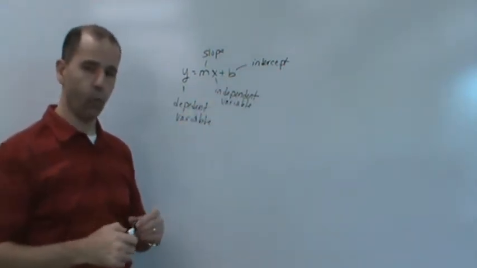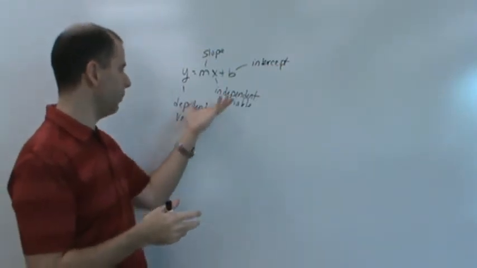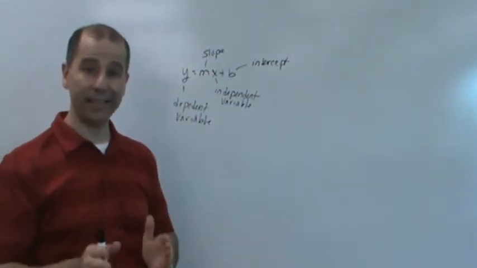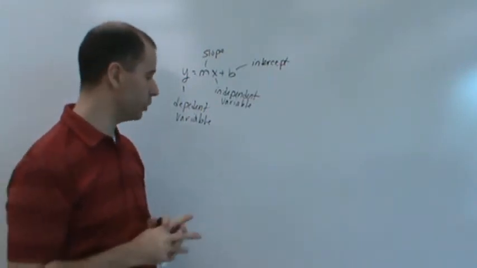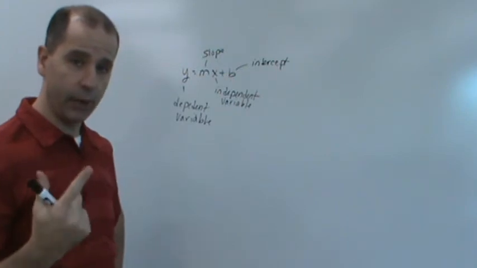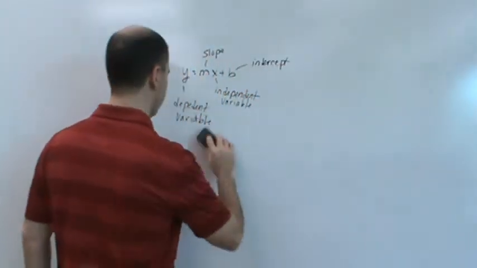Okay, so now, how do we find the best fit line? We can draw any straight line, but we want the best fit line. How do we determine it? Well, it goes back to the variation.